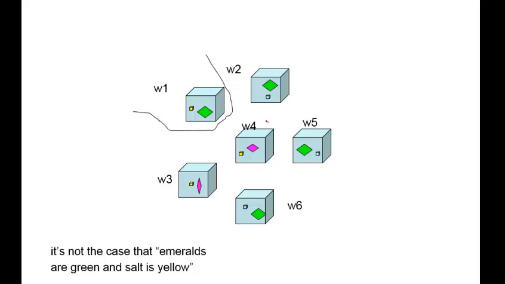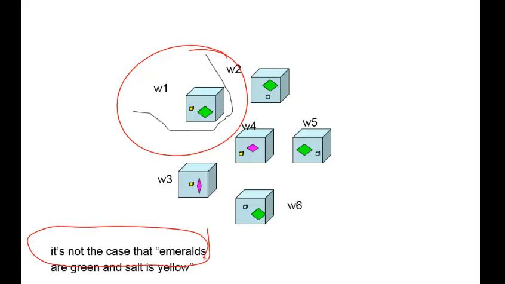So it turns out that in all these cases, except for world 1, this is true. So it's not the case that emeralds are green and salt is yellow. We know that's TFFF. False only in the first, or true only in the first case, but now we're going to negate that. So we've got FTTT.